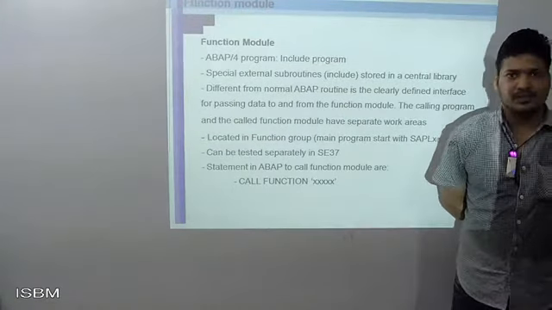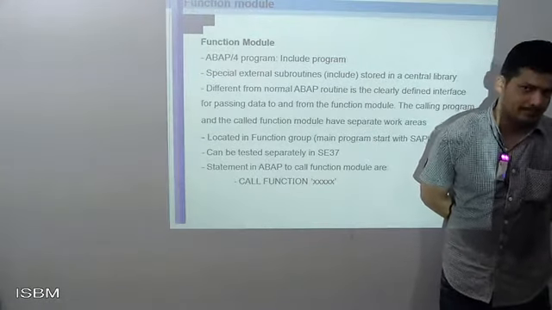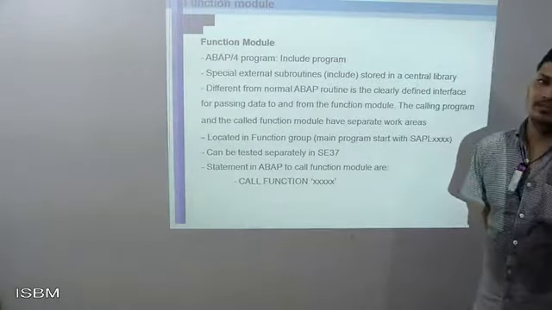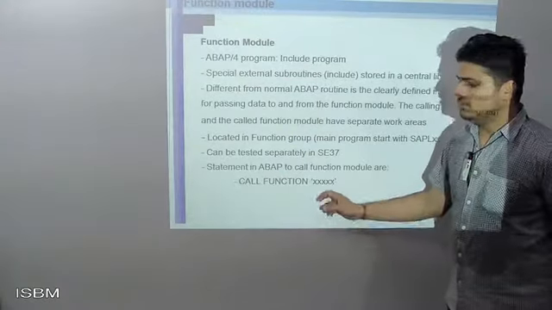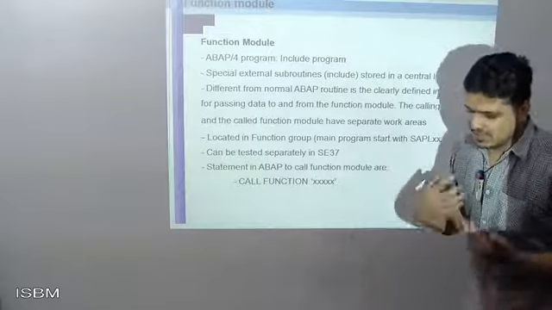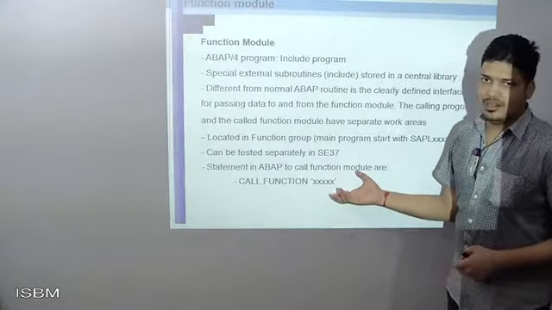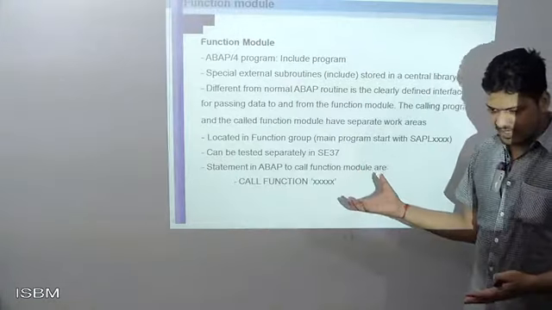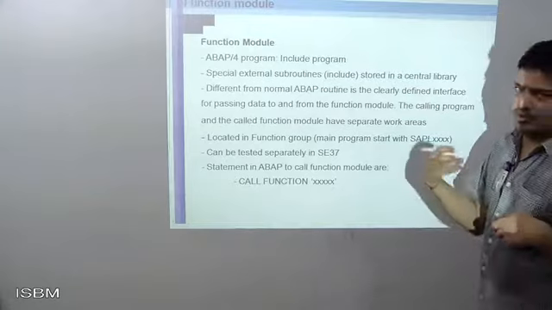I can give an example. If a person is working in a company and we know his name, say Ravi, but I don't know his personnel number, which is his employee number, there is a standard function module, a piece of code, with the help of which you can easily find the employee number of that particular name.